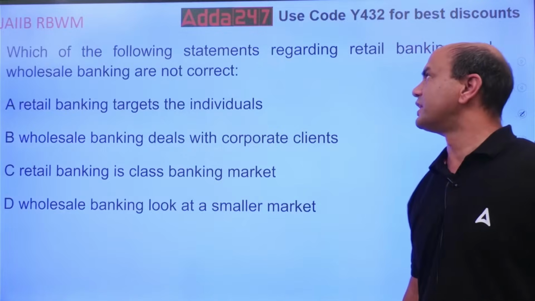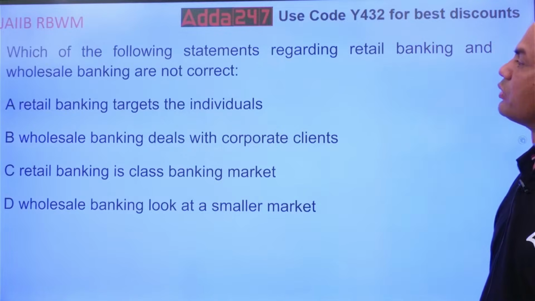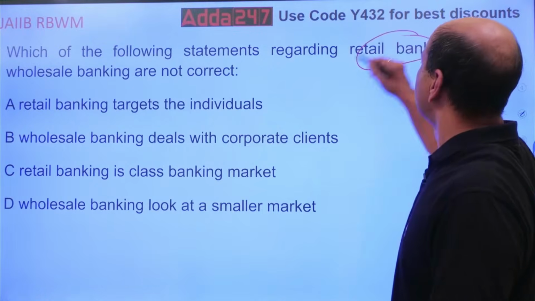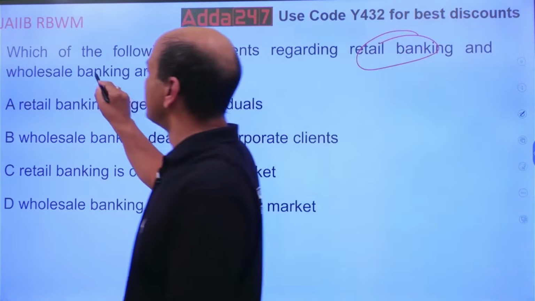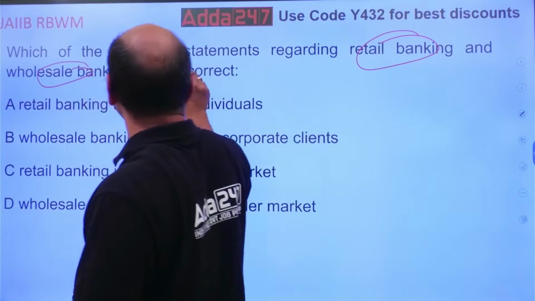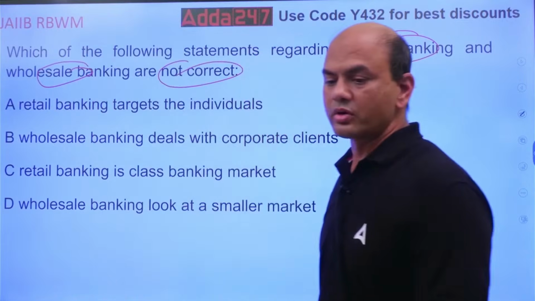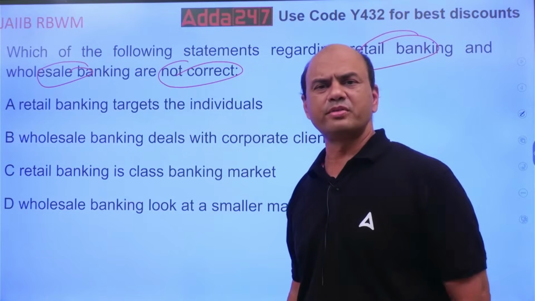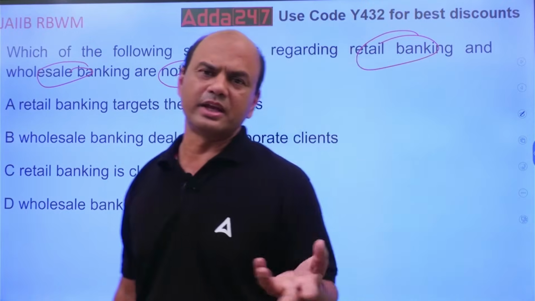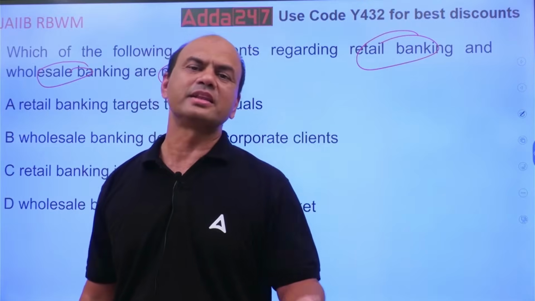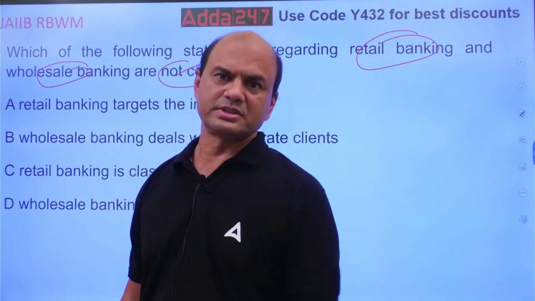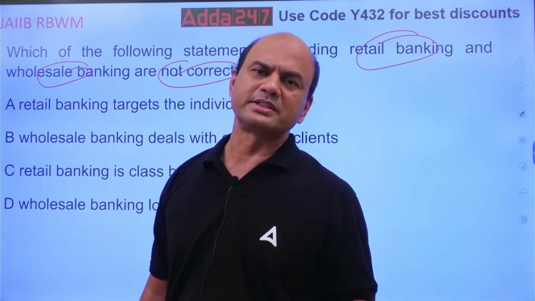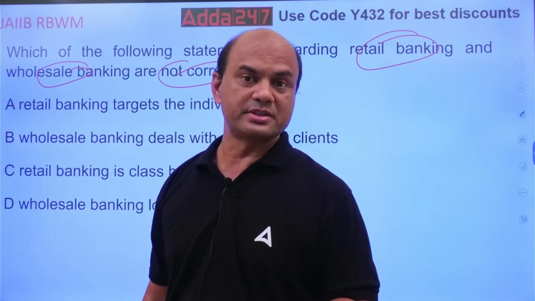Which of the following statements regarding retail banking and wholesale banking are not correct? So, retail and wholesale. Wholesale means corporate banking. You want not correct. Important words. Retail banking looks at your normal customers, retail customers, individual customers, and some of the companies, proprietorships, partnerships, MSMEs.